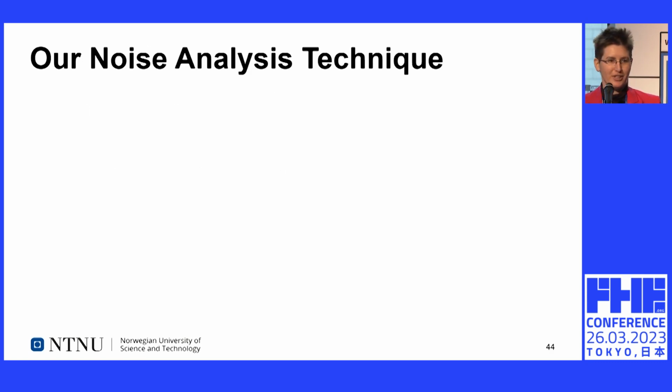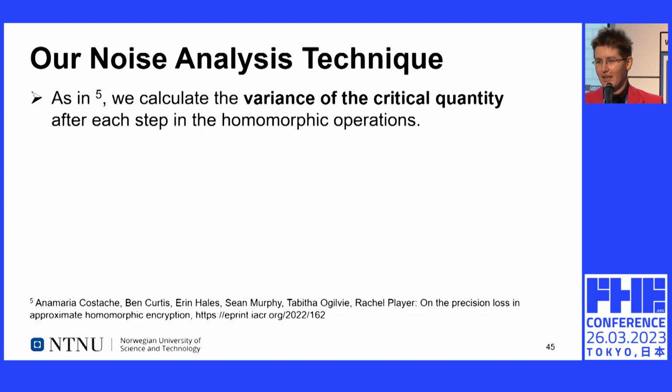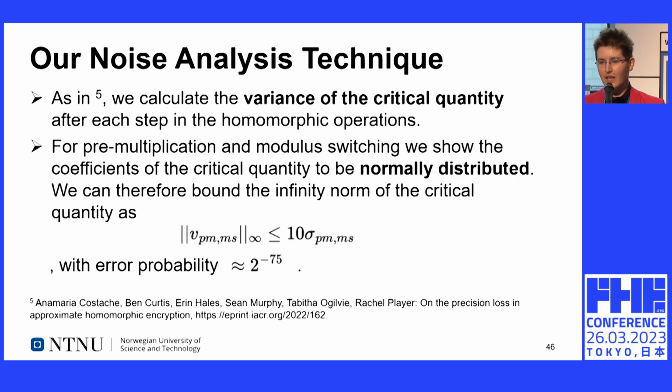Okay, so before I just said, well, we did it as in 5, I now try to explain a little bit more what 5 does. And so the technique is to calculate the variance of the critical quantity after each step in the circuit. And then it is possible to show for at least some operations that their critical quantity actually is normally distributed, which is very good news because we know quite a lot about how to bound the infinity norm of things that are normally distributed.